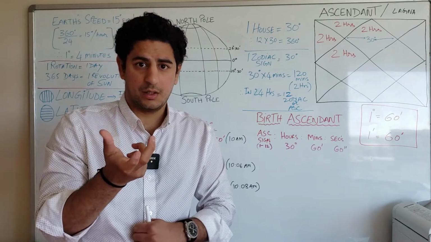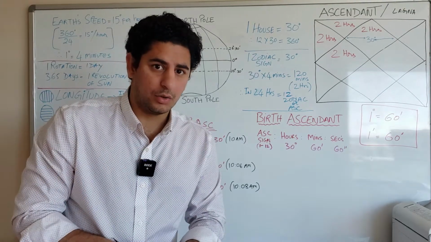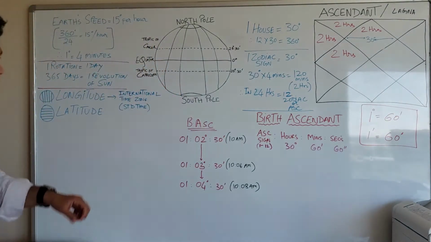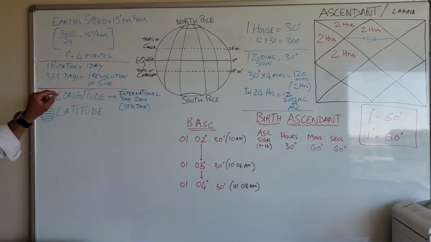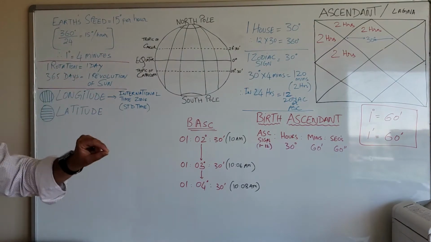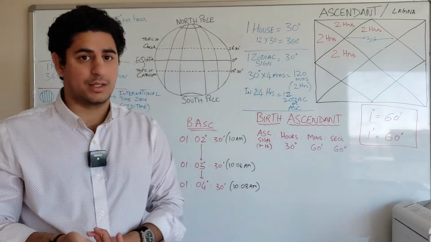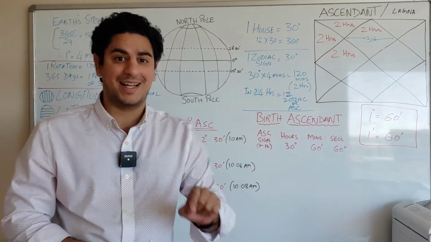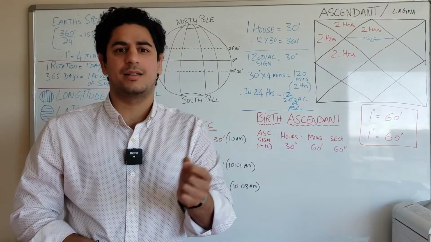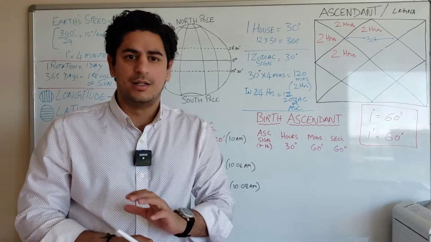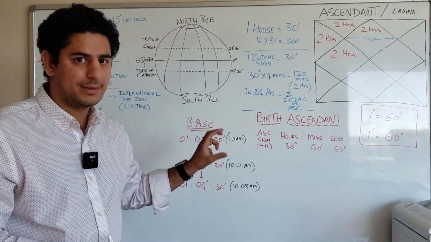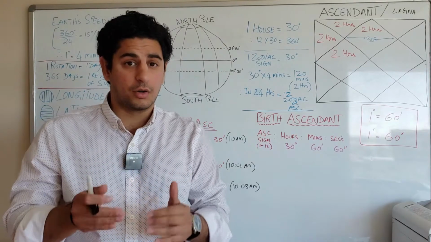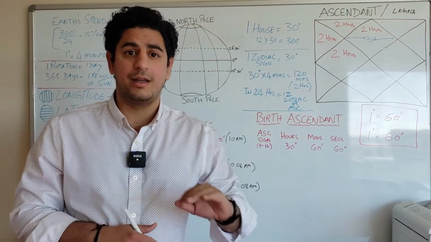Now rotation. As we all know, Earth rotates, and one rotation is one precise day. So Earth rotates in approximately 24 hours. Now it is not exactly 24 hours, it is 23 hours and 56 minutes, but today we'll just try to understand the basics, and we'll take approximate figures in order for you to understand it very clearly.